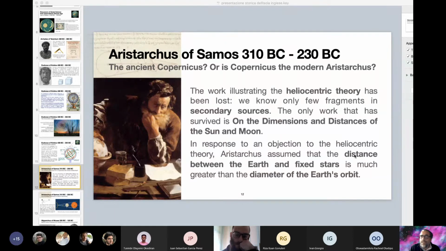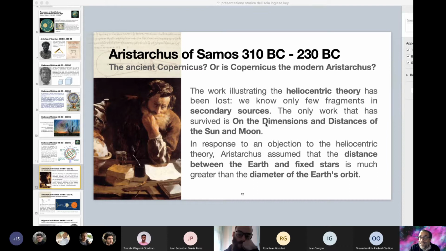The distance between the Earth and the fixed stars is much greater than the diameter of the Earth's orbit. Okay? So, because of the famous parallax phenomenon, if stars are very far, you cannot see their motion, even along a period of 1 year when the Earth is running around the Sun.